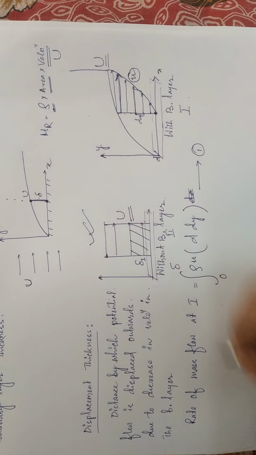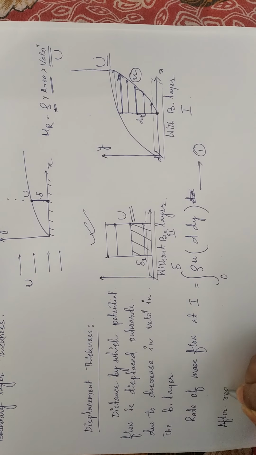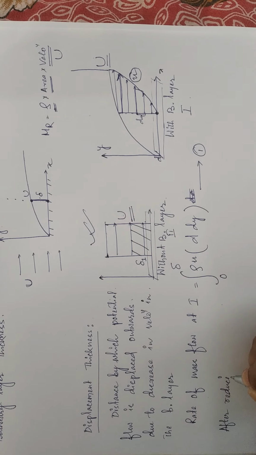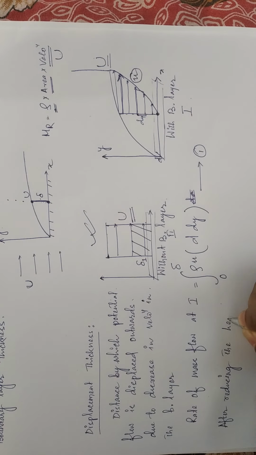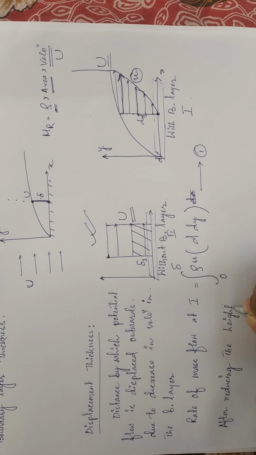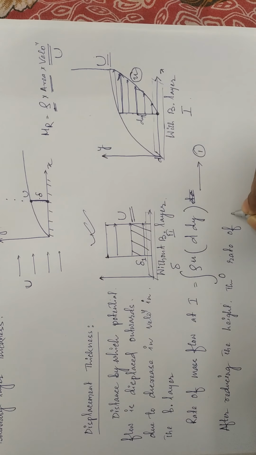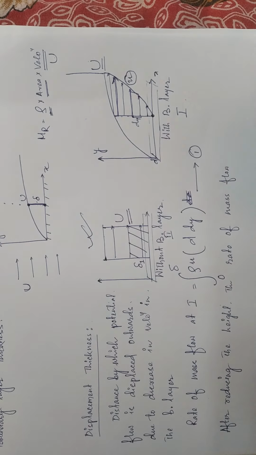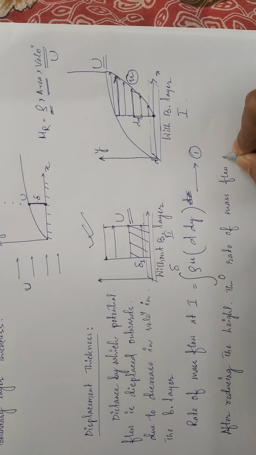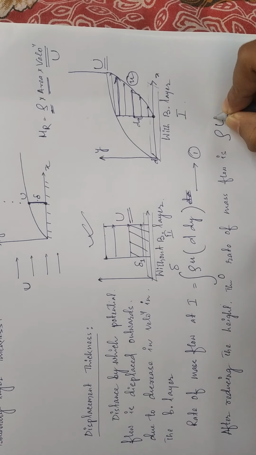So after reducing the height, the rate of mass flow is, okay, density is rho, velocity is u.